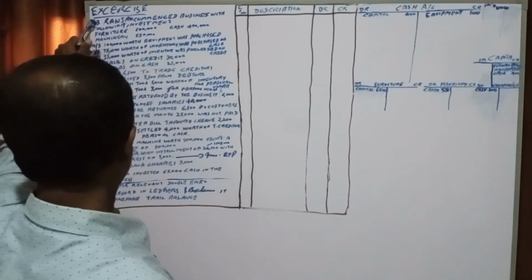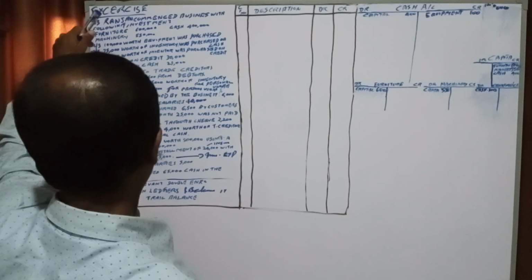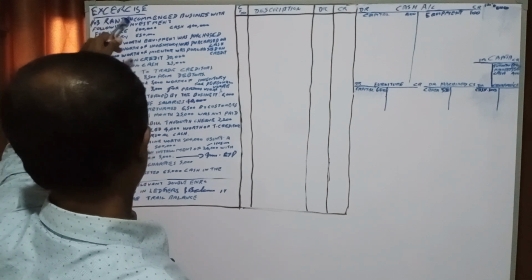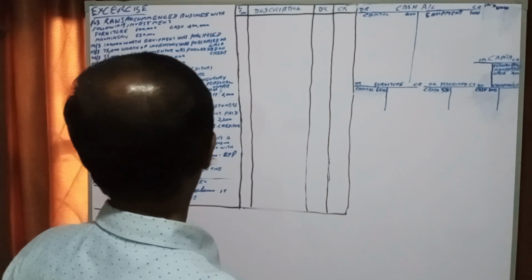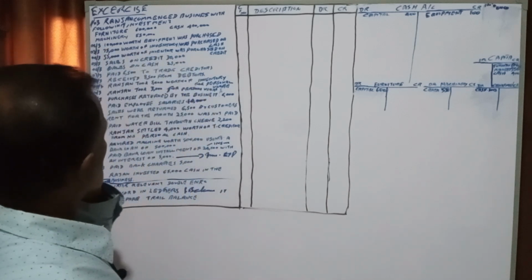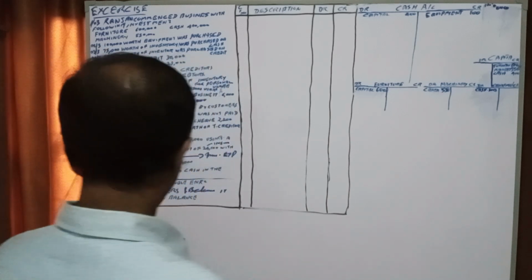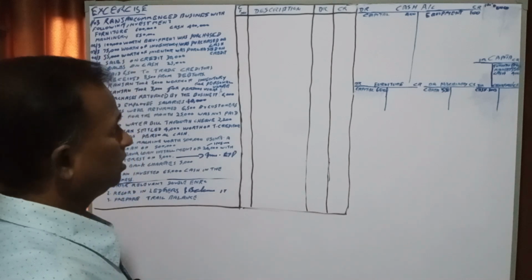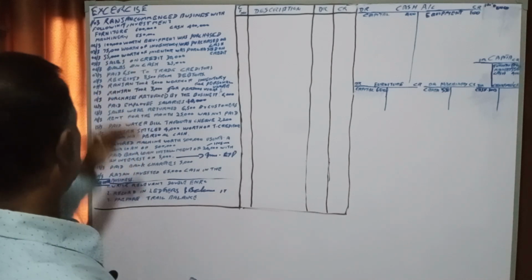Thereafter, on 3rd of March, 75,000 worth of inventory was purchased on a cash basis. Why?